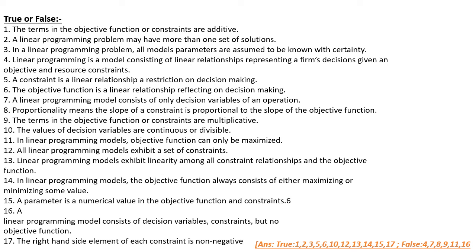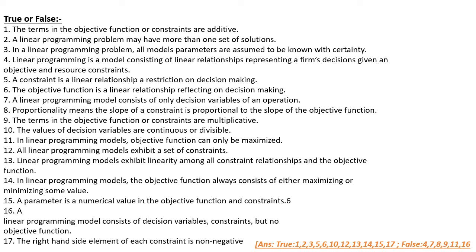The values of decision variable are continuous or divisible. True. In linear programming model, objective function can only be maximized. False. All linear programming model exhibit a set of constraint. True. Linear programming models exhibit linearity among all constraint relationship and the objective function. True.